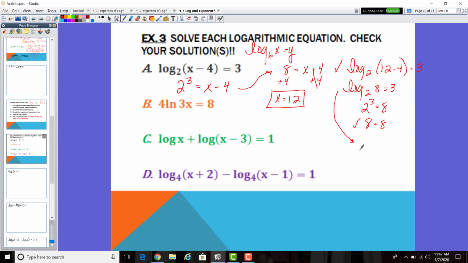Another way you could do this is to use the change of base properties that we talked about using your calculator. Does log of 8 divided by a log of 2 equal 3? Well, plug it into your calculator and see. Maybe I plugged that in incorrectly.